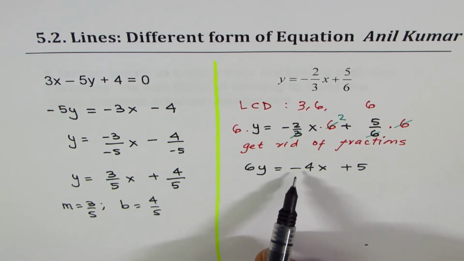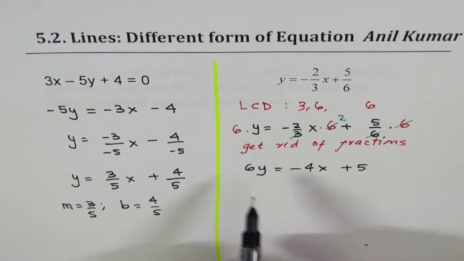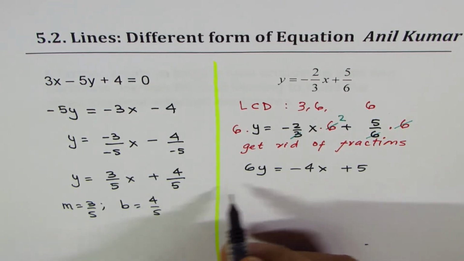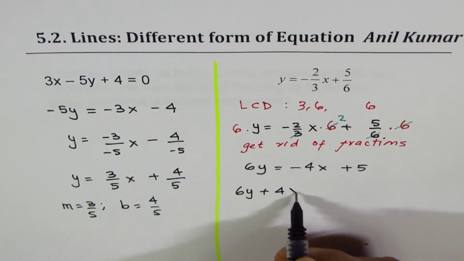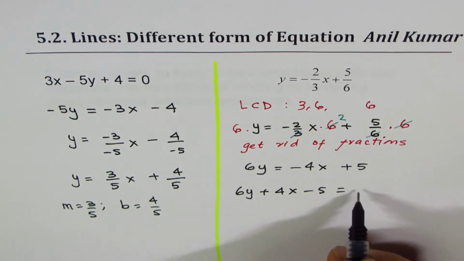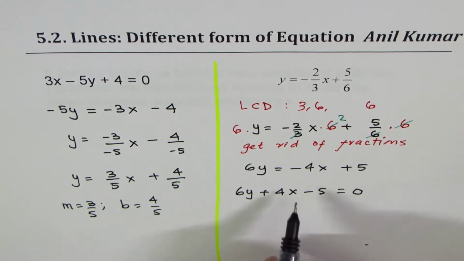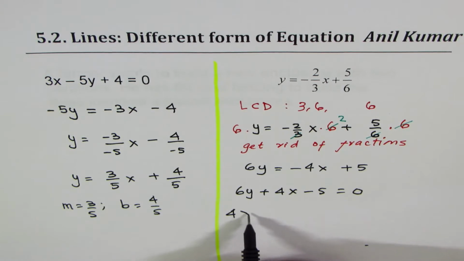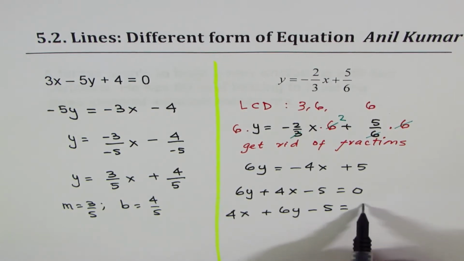Second step is we have to keep this positive, and therefore I have to take all the terms to the left, right? So keeping them on the left, we get 6y plus 4x minus 5 equals 0. In standard form, the x term is always the first term. So you should write your answer as 4x plus 6y minus 5 equals 0.